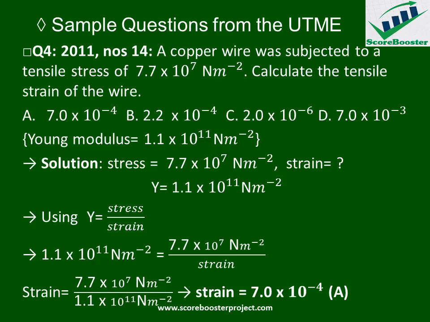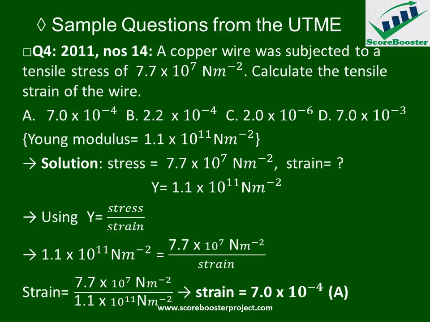Then you are given in bracket Young modulus equals 1.1 times 10⁻¹¹ Newton per meter square. Then you are given option A to be 7.0 times 10⁻⁴, option B to be 2.2 times 10⁻⁴, option C to be 2.0 times 10⁻⁶, and option D to be 7.0 times 10⁻³.